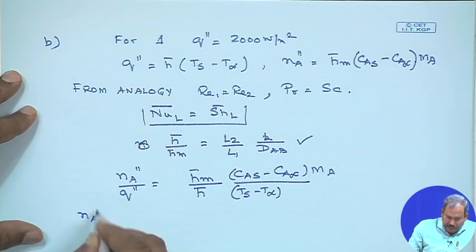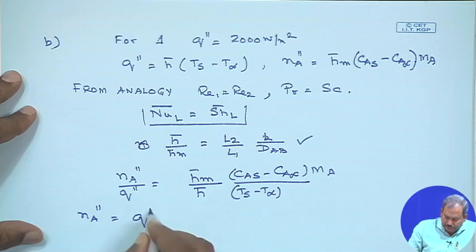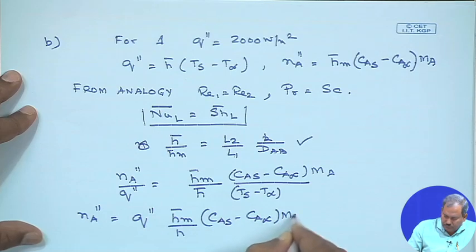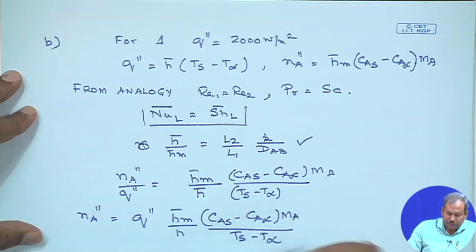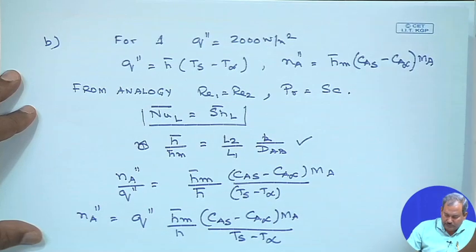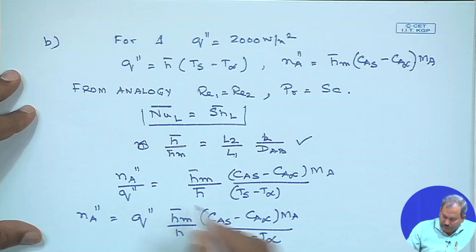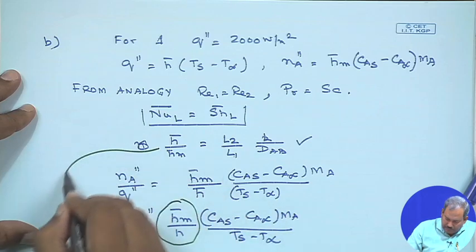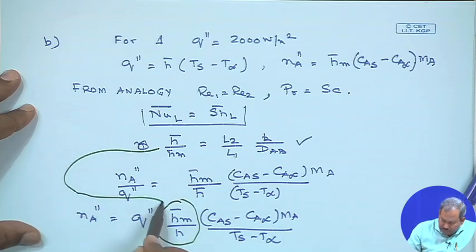So, therefore, my N A double prime has the same expression over here, and now in this H bar m by H, I bring this one over here.